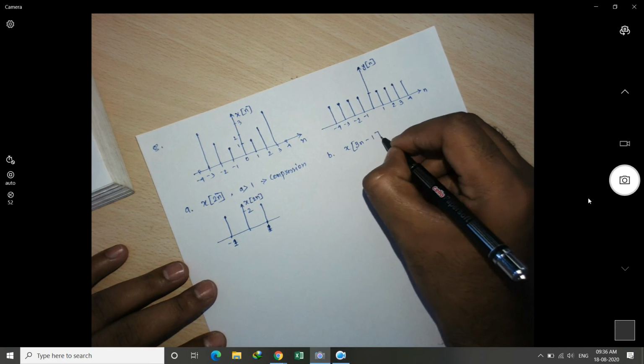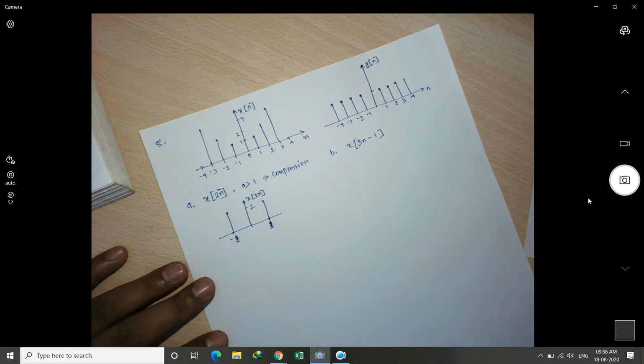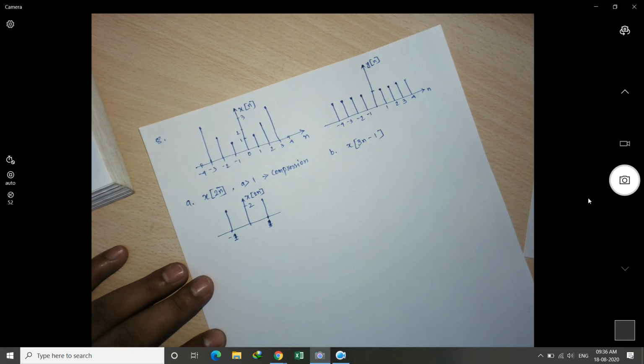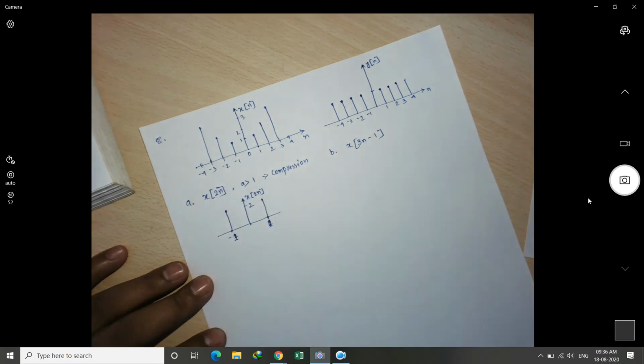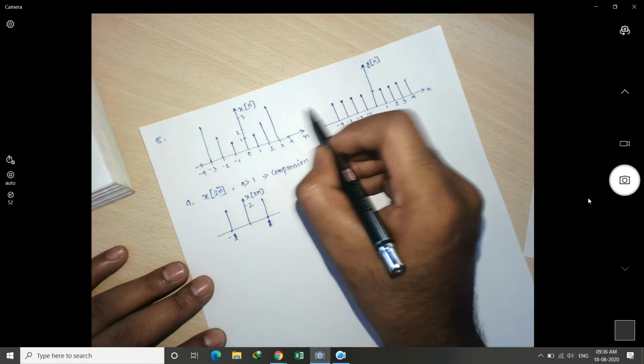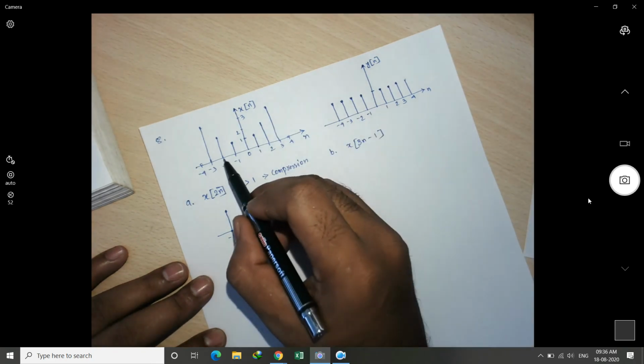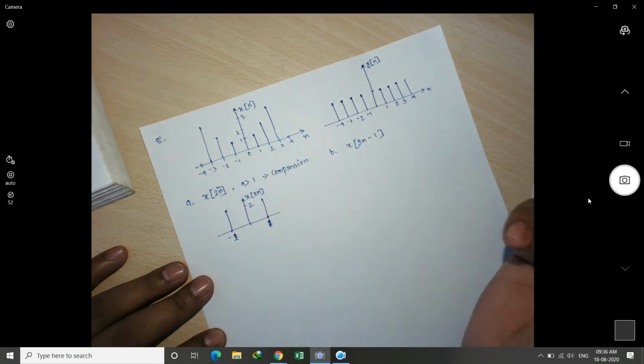Fine. Now another signal, x of 3n minus 1. It has both scaling and time shifting. First, according to the precedence rule, we need to do the time shift. If you do the time shifting, this xn will go one location to the right hand side, so obviously this one will start from -2.